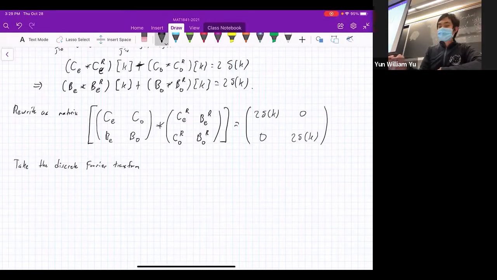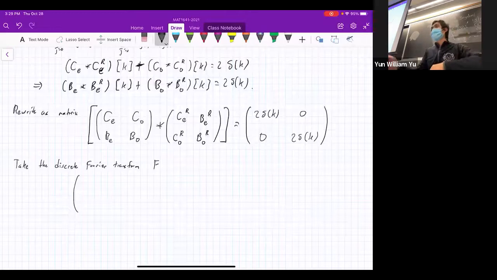So we're going to take the discrete Fourier transform and we're going to call that f. When you do that, after you do the Fourier transform, the convolution operation just becomes an ordinary multiplication.